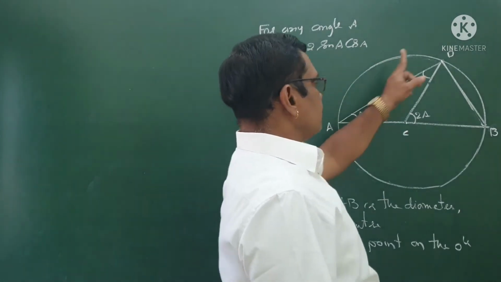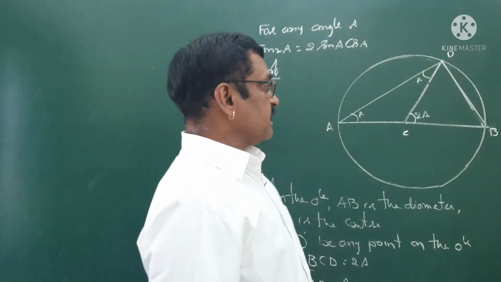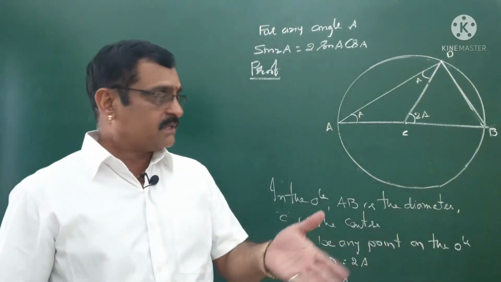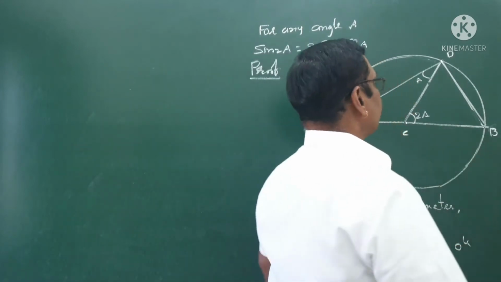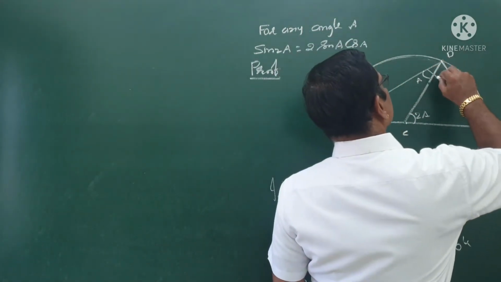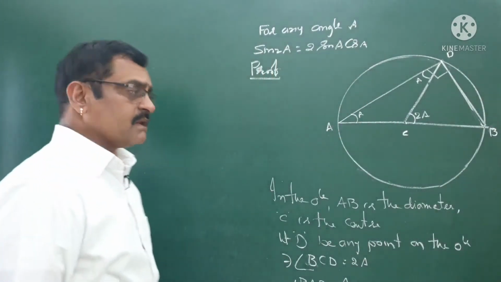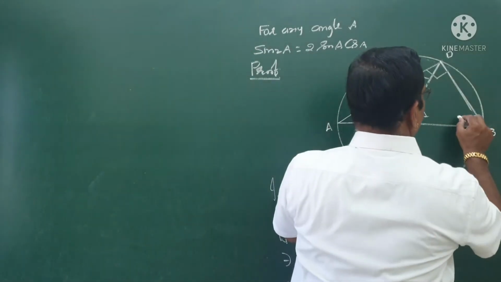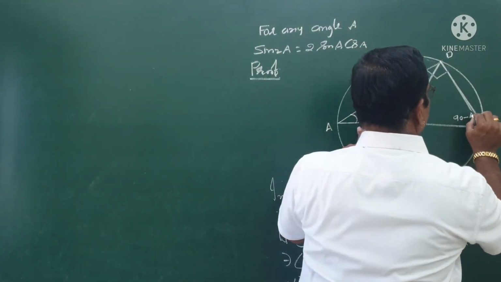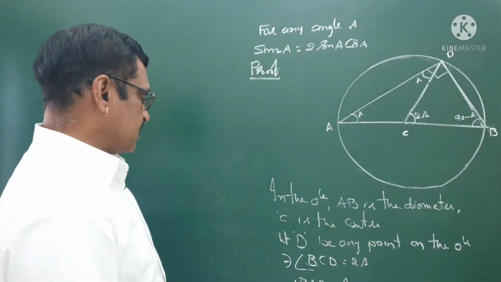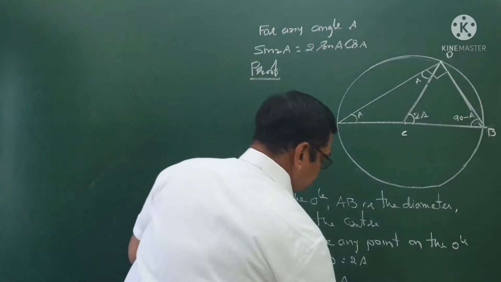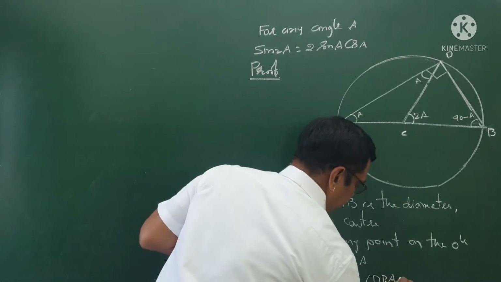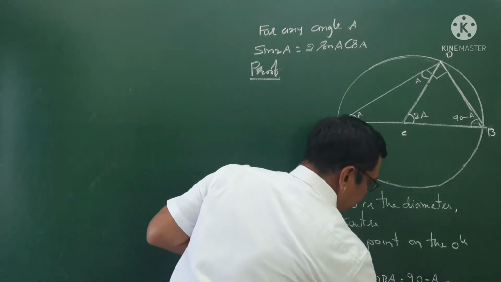Now ADB is a triangle, and you know very well that angle in a semicircle is 90 degrees. Since AB is the diameter, this angle must be 90 degrees. This is angle A, and of course this angle is 90 minus A. Angle DBA is equal to 90 minus A.